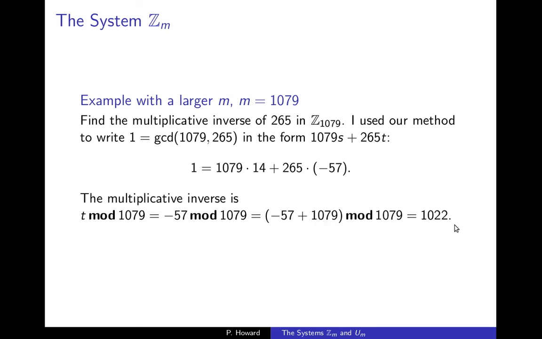This sum is 1022. And 1022 mod 1079 is 1022. This is the multiplicative inverse of 265 in Z sub 1079.